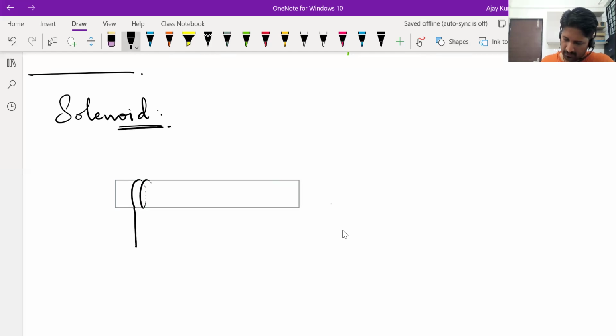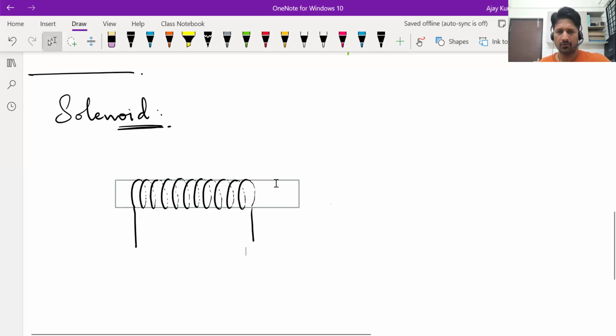So these are the windings. They should be very close to each other for you to be able to visualize. I am showing them with significant space between them. Now imagine a current flowing through this system.